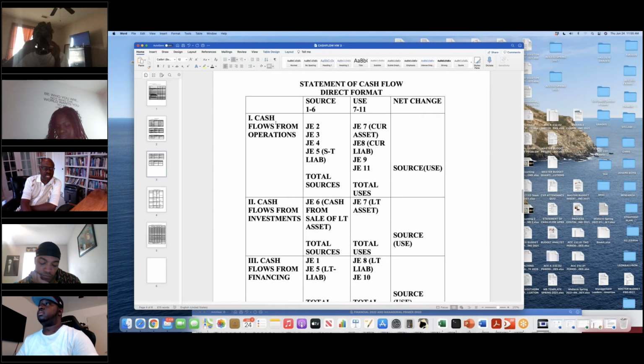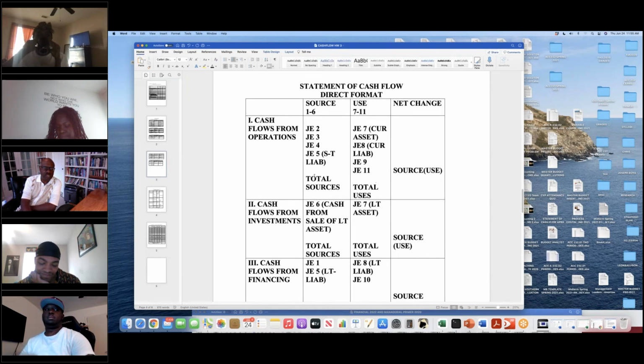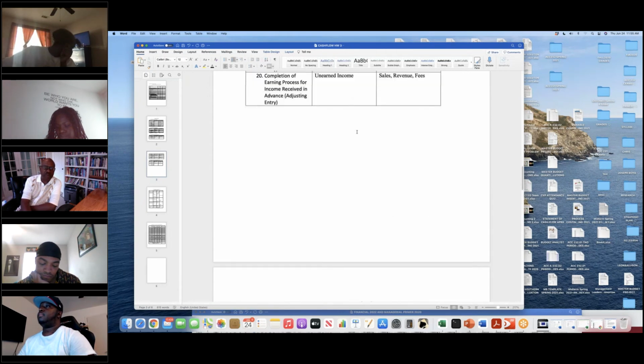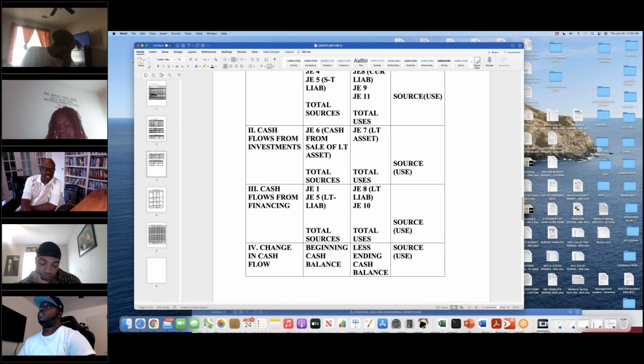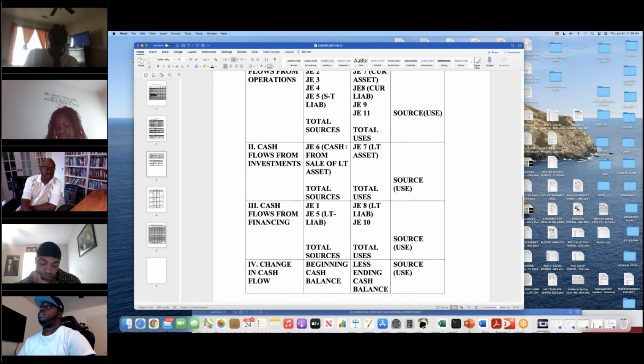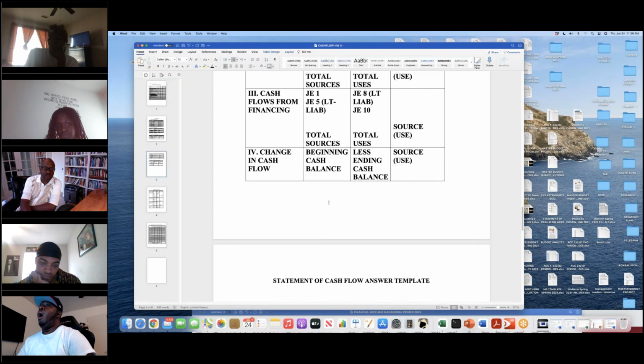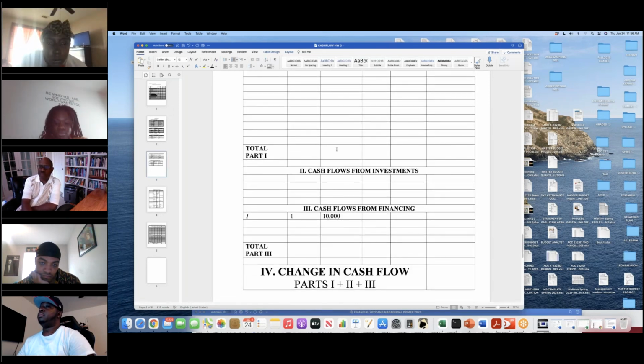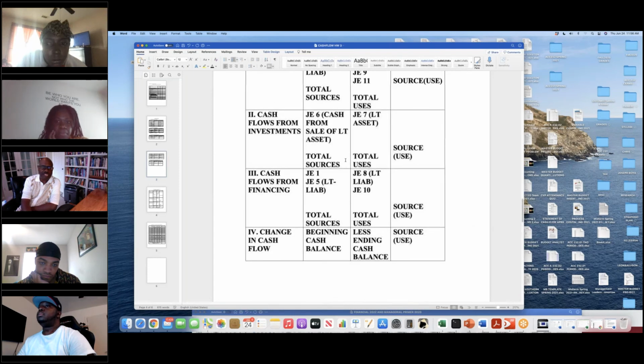It tells you that the type 2s come in here in part 1. So you look at the transaction, you determine the journal entry type, you come to this sheet and it tells you whether it goes in part 1, 2, or 3. You put it in part 1, 2, or 3. Got that now? Any other questions?